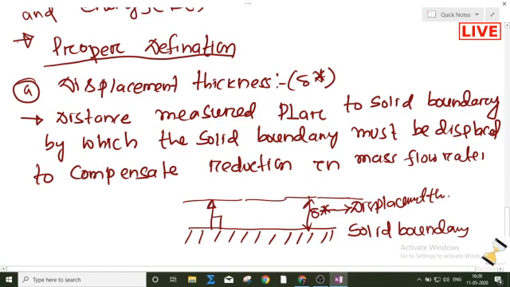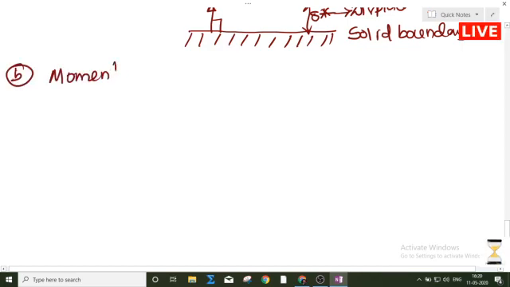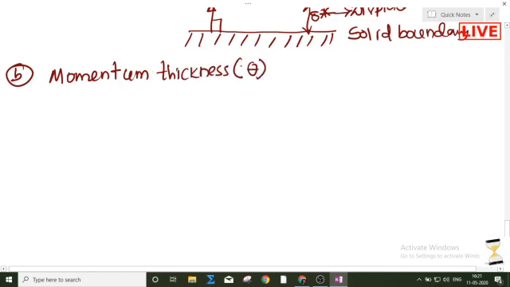Now, how do you write the definition of momentum thickness? Momentum thickness is represented by theta.